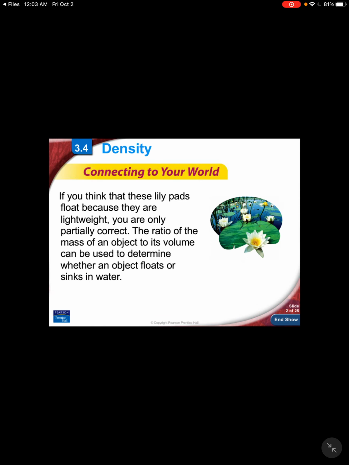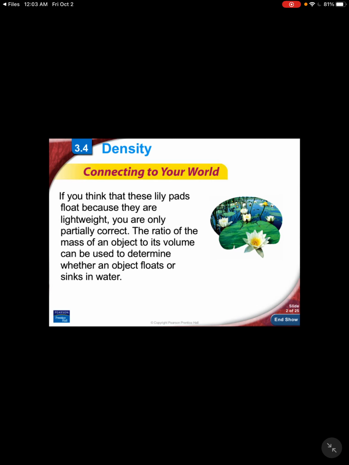So I will start by telling you that density is often confused with weight or mass, and we think of things like boats floating or helium balloons floating in the air, other things falling and other things sinking, and buoyancy and density are definitely related.